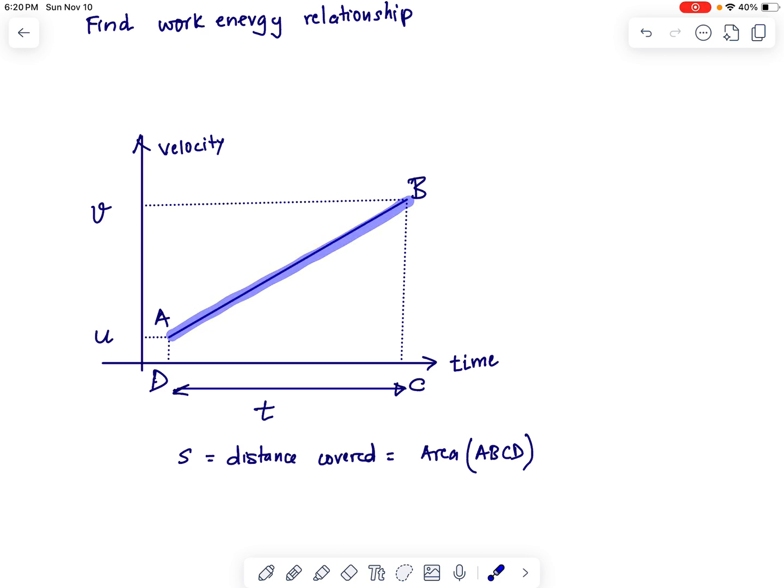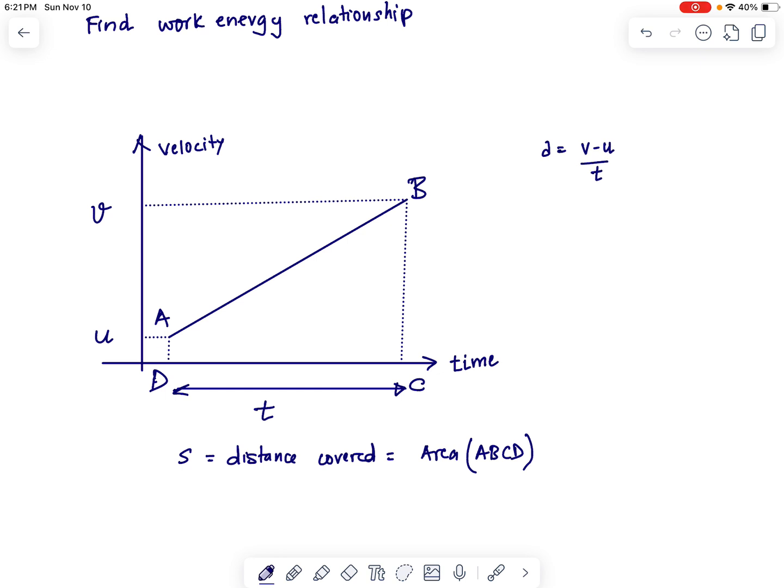Now assume that at the beginning of the measurement the velocity is u, and at the end of the measurement the velocity is v, and a time period of t has passed between these two measurements. So here the acceleration is constant, so you can write a equals (v minus u) divided by t.